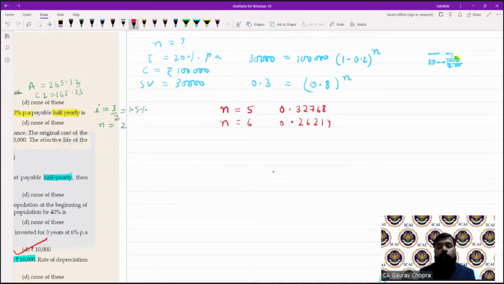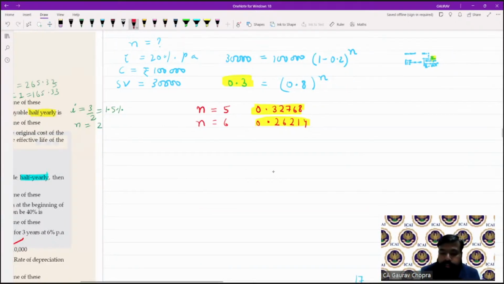Now there is one problem. When n is 5 and n is 6, we are not getting the exact value. That means our result lies between 5 and 6. The exact answer is neither 5 nor 6; it lies somewhere between the two. So we have to find the perfect answer. Our requirement was 0.3, but n=5 gives 0.32, and n=6 gives 0.26. So how to solve this?